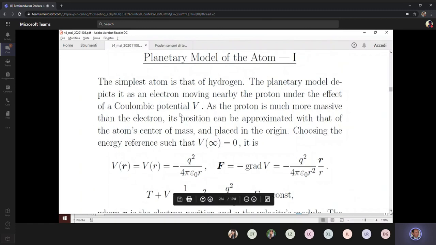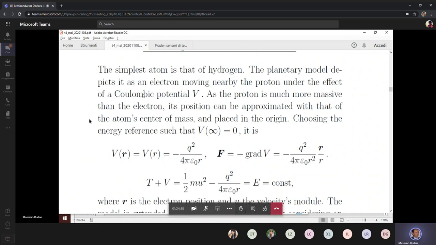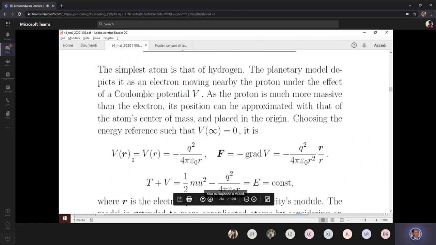So if you choose the zero of the energy such that the potential energy is zero at infinity, you have the standard form of the potential energy of the Coulombic type. It depends only on the modulus of the distance between the electron and the nucleus.